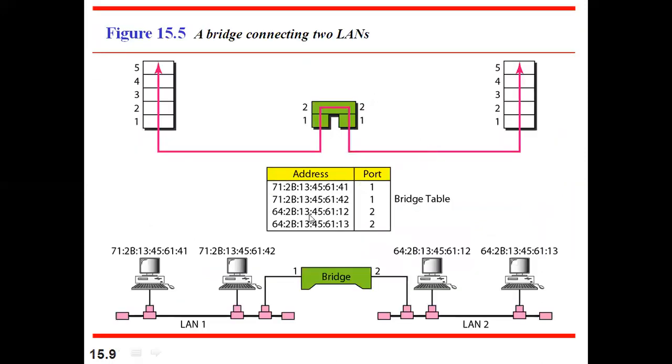And it maintains a table to know where the frame has to be sent. So this is a bridge. It is a bridge between two LANs. So it maintains a table like this. Suppose for these addresses, these are the port numbers that have to be used for forwarding the frames. Now suppose this PC from LAN 2 wants to send a message to 41.